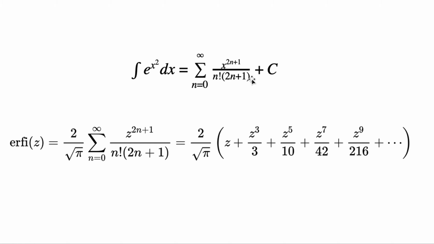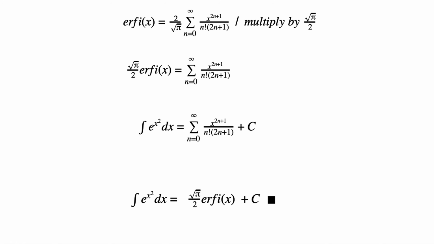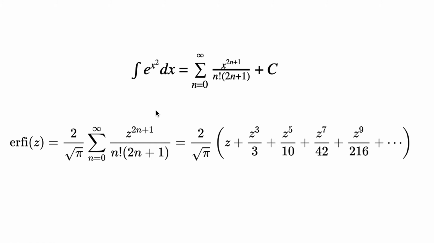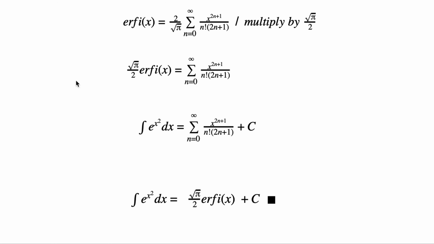Now we are going to do some calculation. We take just this part of the error function, but instead of z, let's write x: erfi of x equals 2 over the square root of pi times the sum from n equal to 0 to infinity of x^(2n+1) over n factorial times (2n plus 1).